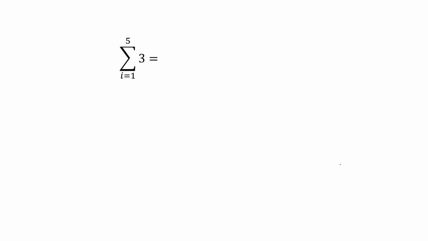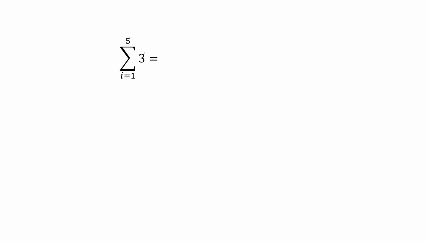Okay, this one says as i goes from 1 to 5, sum together 3. Well, there is no i in the argument of this summation, so there's nowhere to plug in the value. Every single increment, it's going to be 3, just plain old 3.